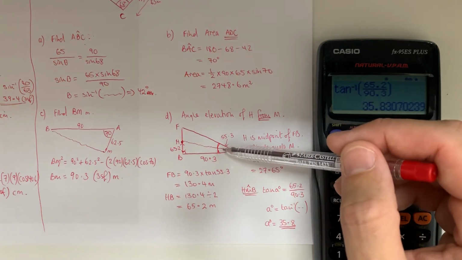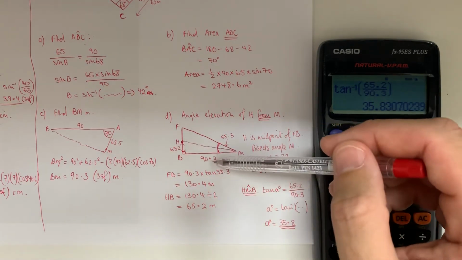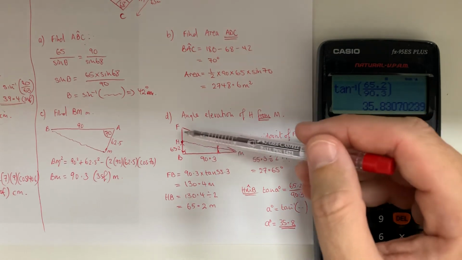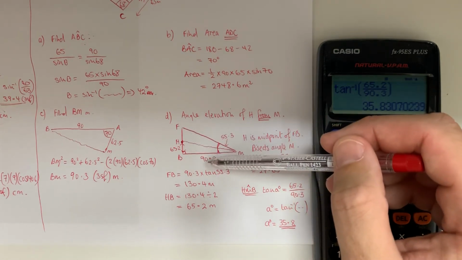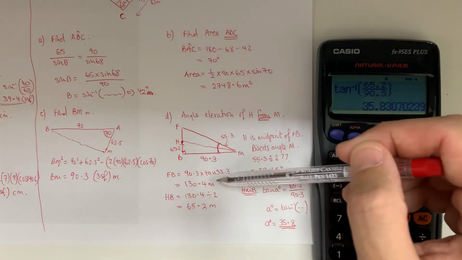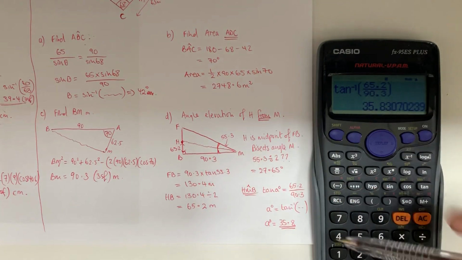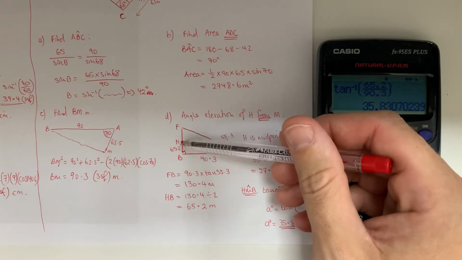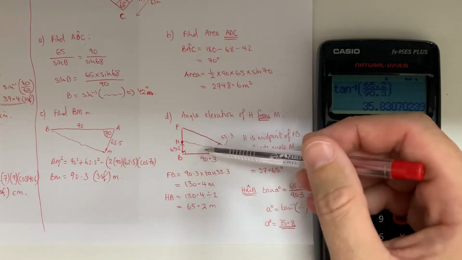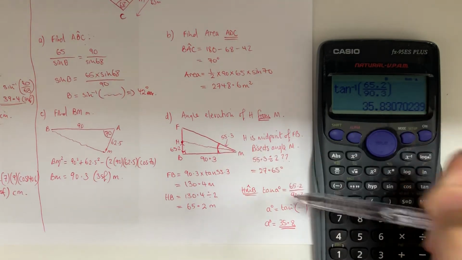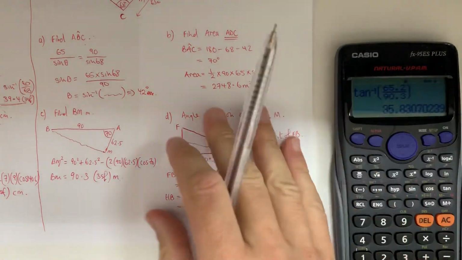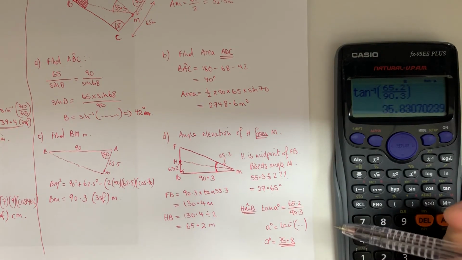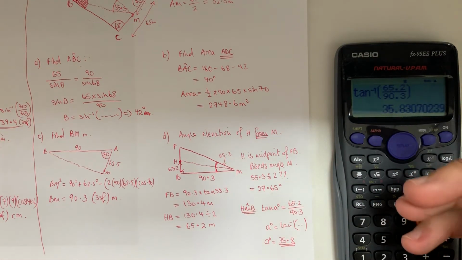Then I wanted the opposite and I had an adjacent. So tan 55.3 is equal to FB over 90.3, so that's why I multiplied, which gave me this. Then I divided it by 2 because it's the midpoint, so that's got to be half. And then I did opposite over adjacent to find tan, and they gave me that. So happy to read your comments if you disagree, or come speak to me in class.